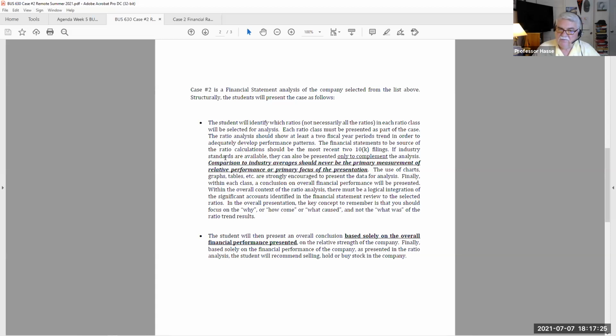The student will then present an overall conclusion based solely on the overall financial performance that you present about the company. Finally, based solely on the financial performance of the company as presented in this analysis, the student will recommend selling, hold, or buy the stock in the company.